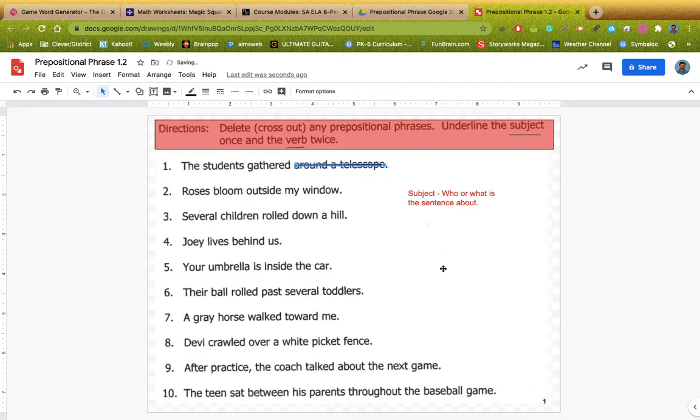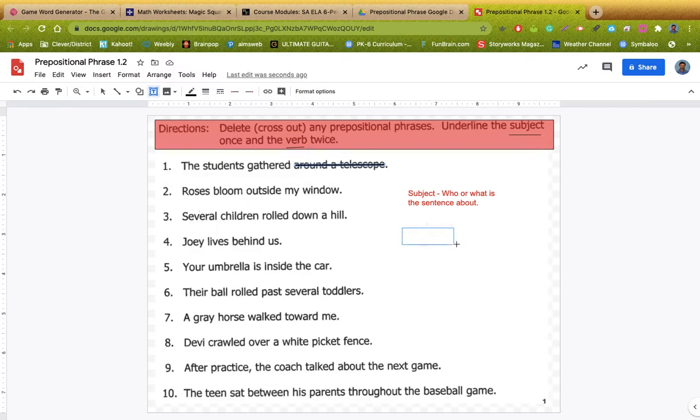Now, what is the verb? Or I call it the predicate, because the predicate always starts with a verb. But I'm just going to start talking about the predicate. Subject, predicate. Subject, predicate. Now, what is the predicate?